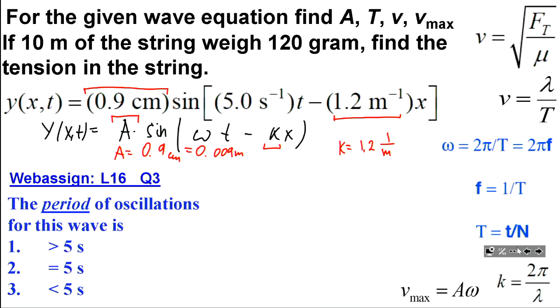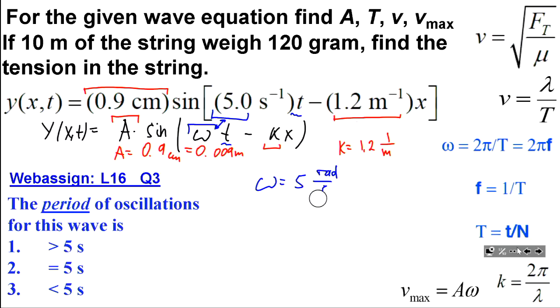If we look at this specific equation and this general equation and compare, you see, the variable is connected to this constant times t. So this comparison tells us omega is equal to 5. So if omega is equal to 5, the period just can't be in radians per second.